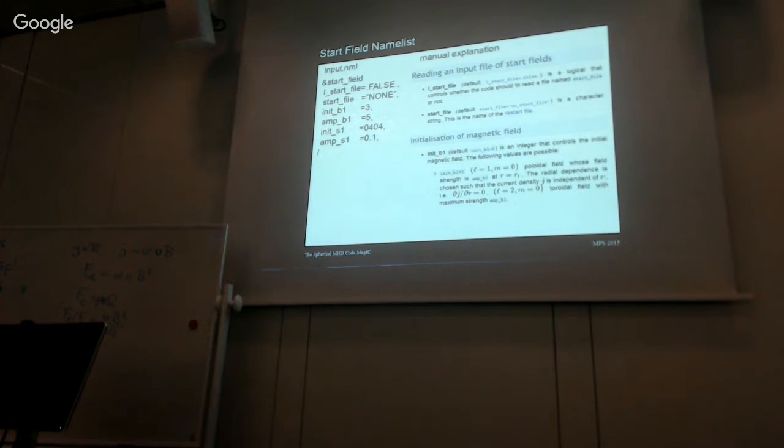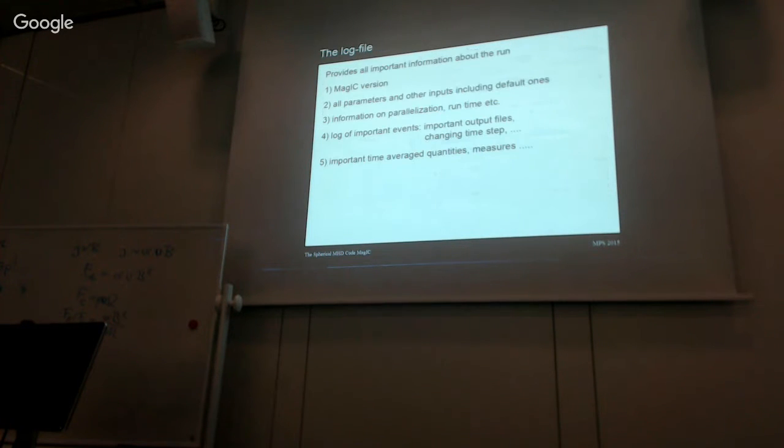Okay, that's for the input, and then output. As I say, we have this log file. This log file keeps track of your run actually. It starts with giving you the version you have been using for Magic, and then basically all input parameters are written in that log file.